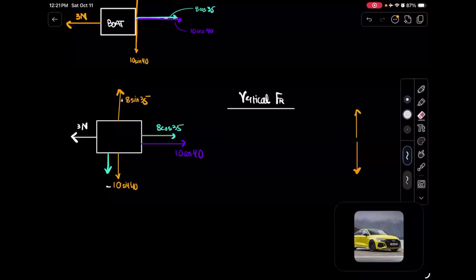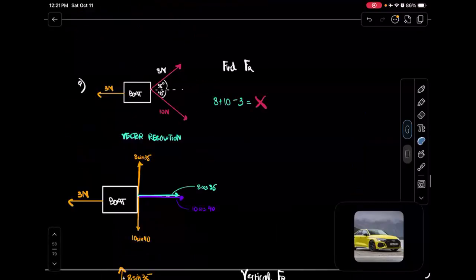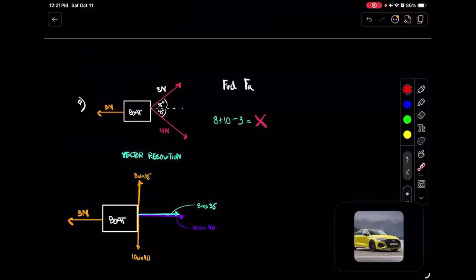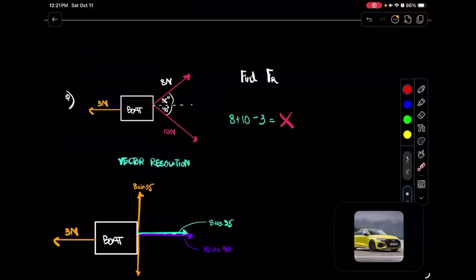Wait, so sir, there's both vertical and horizontal resultant forces then. Exactly. We're going to now find out both the vertical resultant force and the horizontal resultant force, and then we're going to combine them together to see what the resultant force actually is. Because in this example, you've got multiple forces acting: this angled force, this angled force, and this horizontal force.